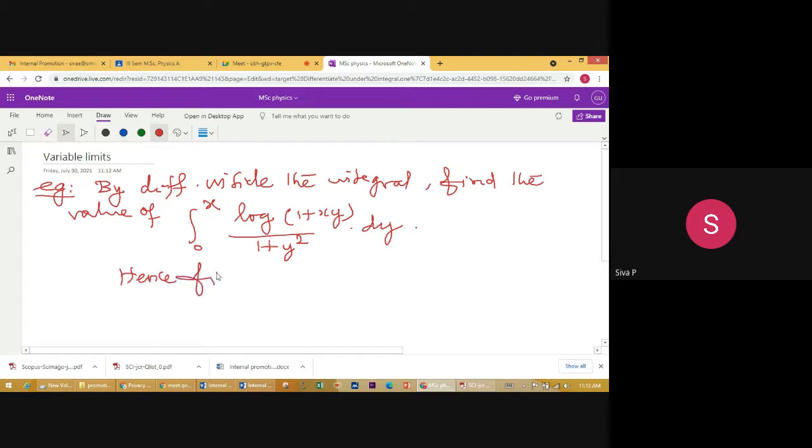Hence, find the value of the integral over 0 to 1 of log(1 plus x) divided by (1 plus x square) dx.